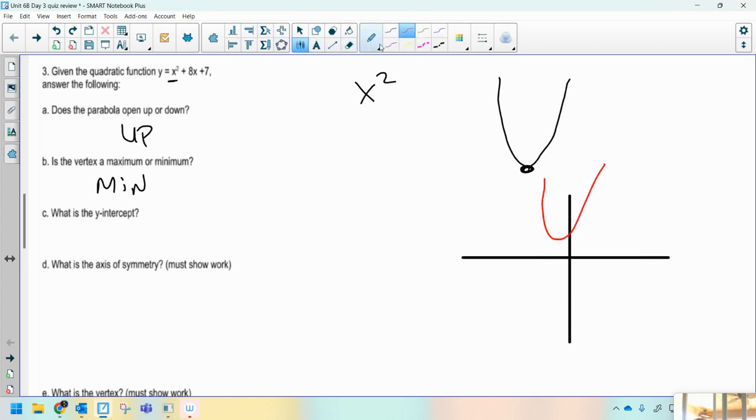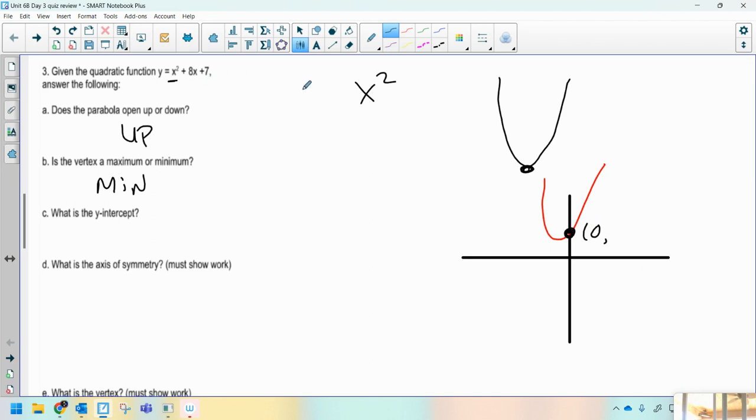Anytime you have a y-intercept, you know what the x is of that point. If this is the y-intercept, I know that when I start in the middle, I don't go left or right, so the first number is going to be 0.